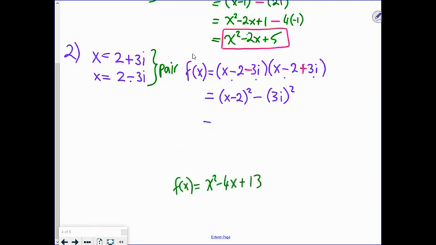You can do that x minus 2 squared off the side if you want, but if you do it in your head and reliably get it right, that's what you get from x minus 2 squared. Then you've got this minus and 3i squared, or the 3 squared gives you 9, and the i squared gives you a negative, so you're subtracting a negative, which turns that into plus. So your answer is x squared minus 4x plus 13.